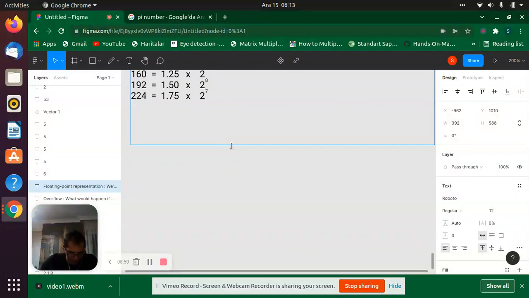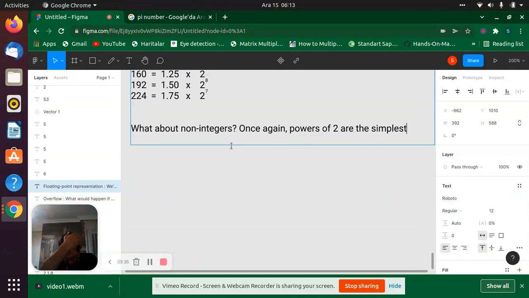Now we will say, what about non-integers? Let's speak about that. Once again, powers of 2 are the simplest to represent.